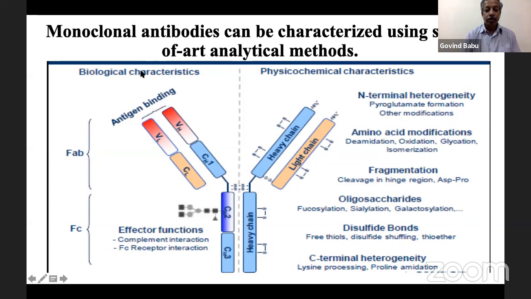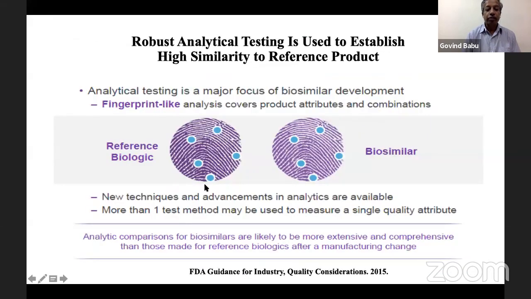And on the left side is all the biological characteristics, looking at each part of this monoclonal antibody. And on the right side is the physicochemical properties that are all enumerated. They need to look at the amino acid sequence, the oligosaccharide, there's a disulfide bonding, and the C-terminal heterogeneity as well. So they're looking at the fingerprinting.